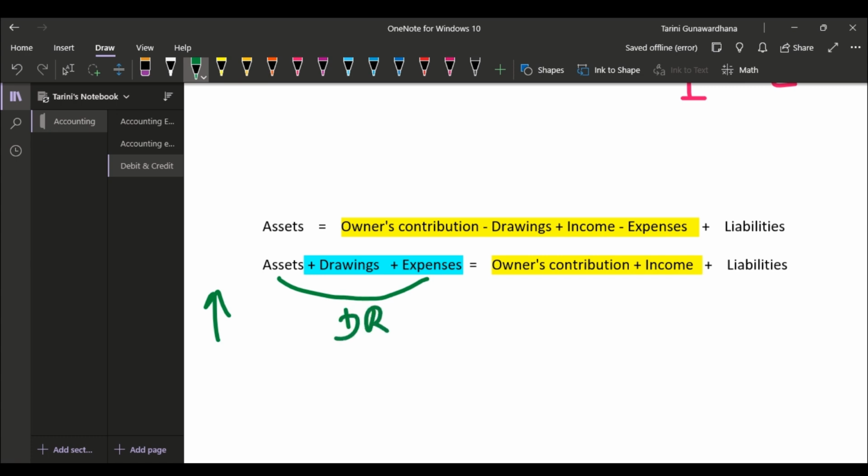And if there is an increase in this side of the equation, it's a credit. In case of a decrease, it will be credit and debit, like that. So let's move on to some questions and see how we tackle different scenarios.